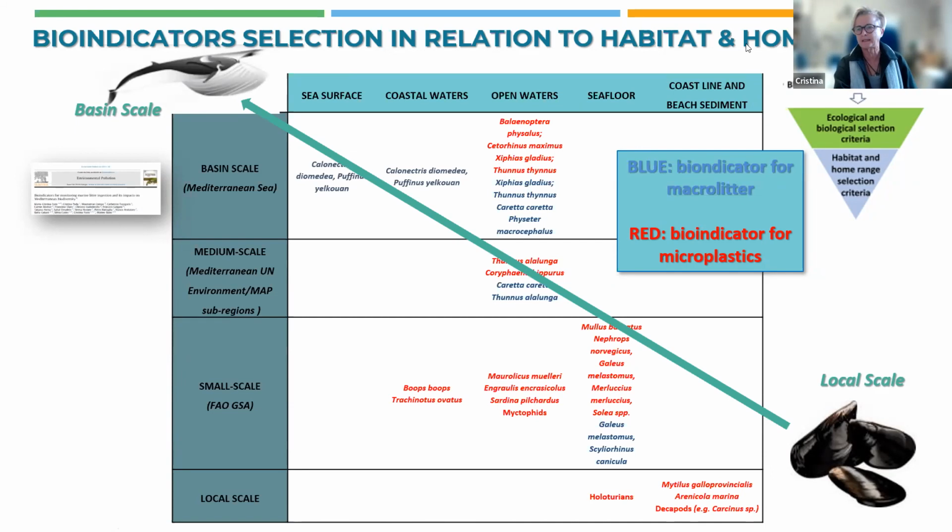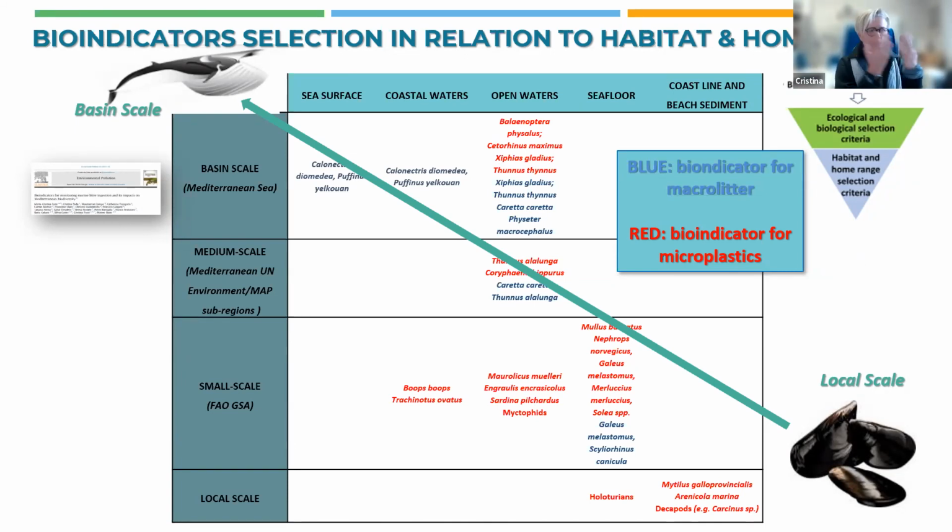From this matrix, you can identify several bioindicator species, both for microplastic and for macrolitter, that can range from local scale bioindicators, such as the common mussel that is present everywhere in the Mediterranean Sea, to basin scale bioindicators, such as one of the most charismatic species that we have in the Med, the fin whale, Balaenoptera physalus.